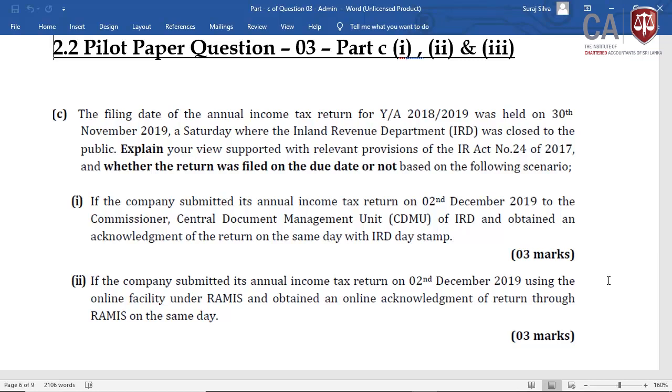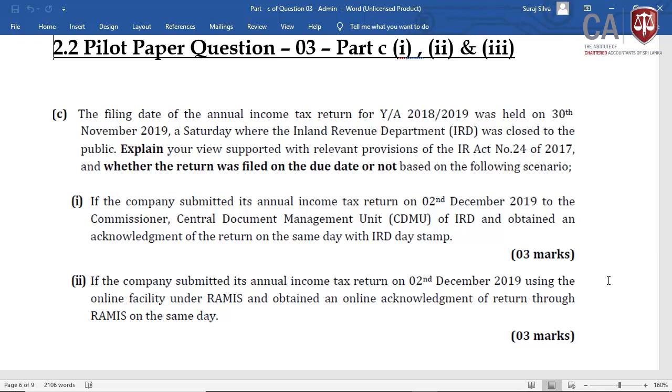If the year of assessment ended on 31st March 2019, then a taxpayer shall file the income tax return on or before 30th November 2019. That is the period for filing the income tax return.